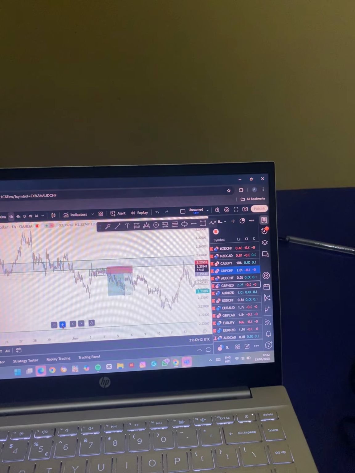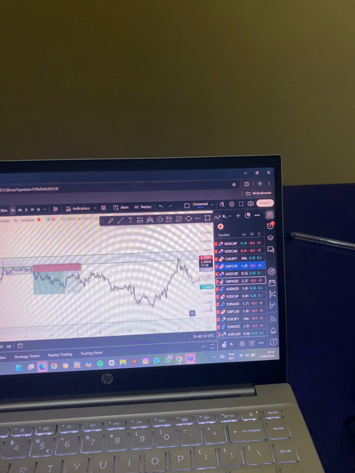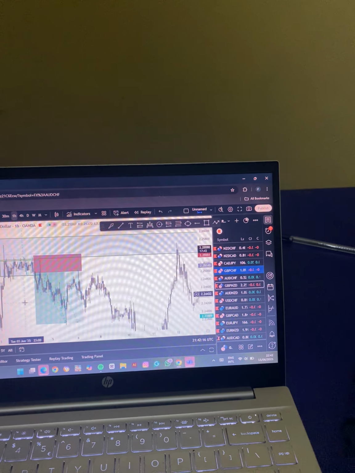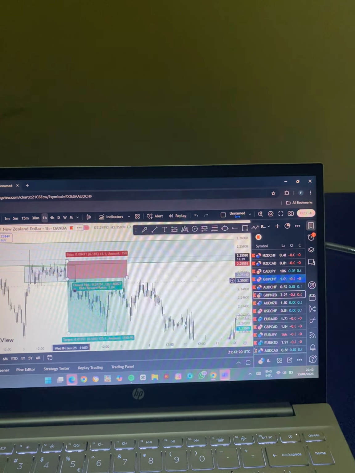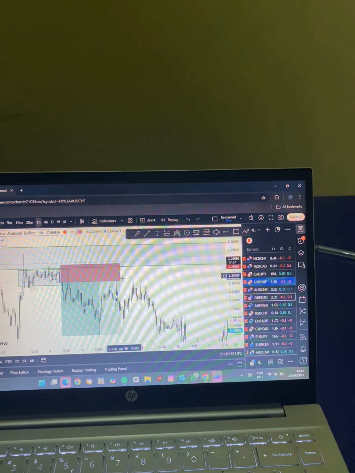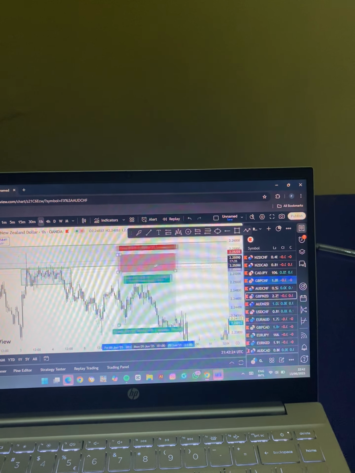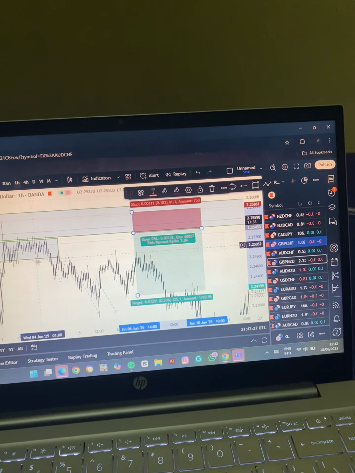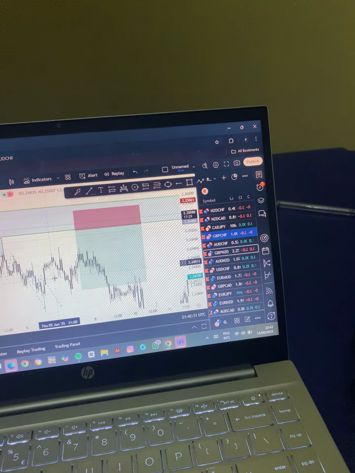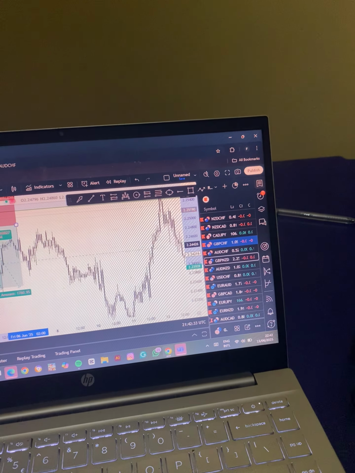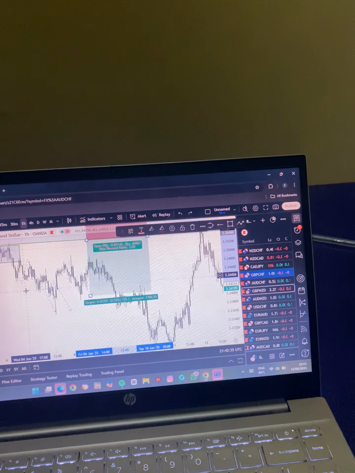After price broke and retested, you can see it did exactly that. Then boom, it dropped like a waterfall.